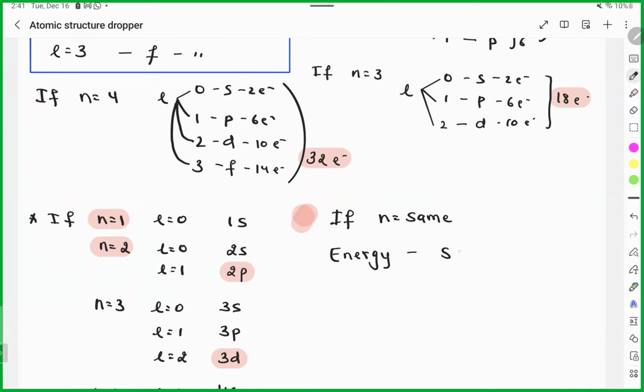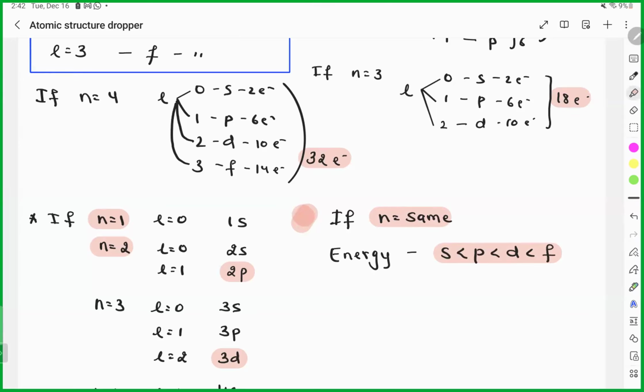Then S will have minimum energy, then P, then D, and then F, when n value is same. Understood? Example, out of 3S, 3P, and 3D, 3D will have maximum energy, and 3S will have minimum energy.